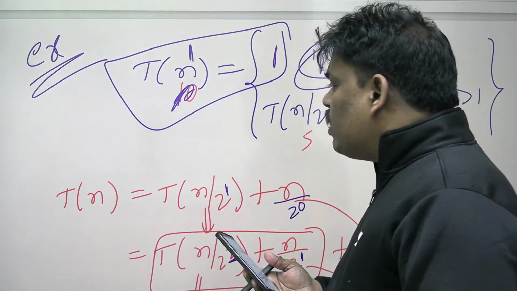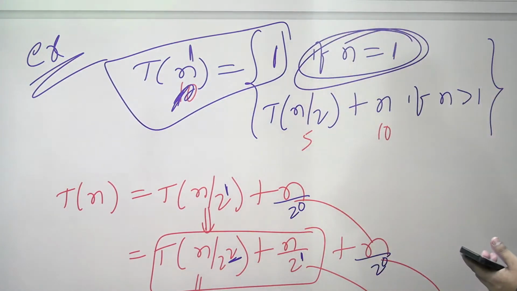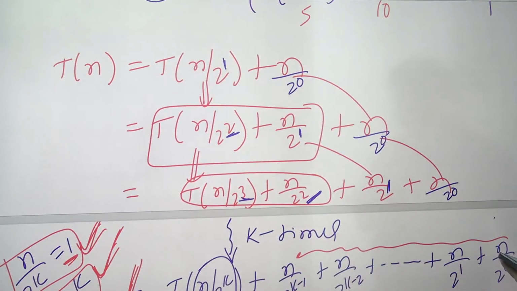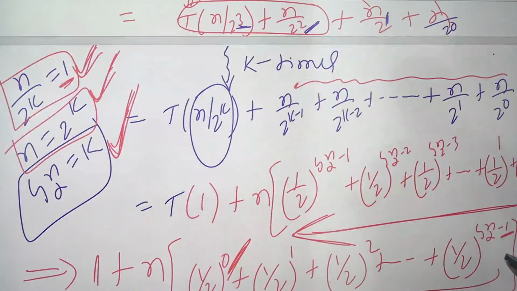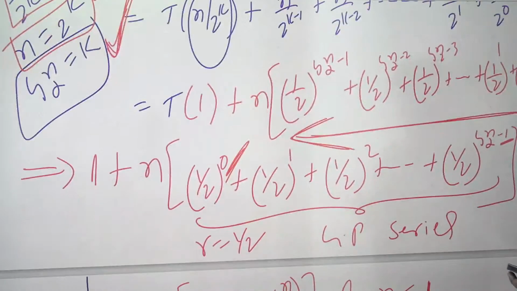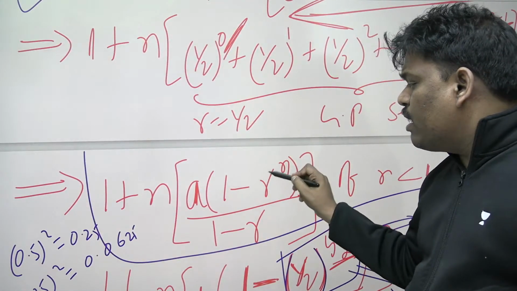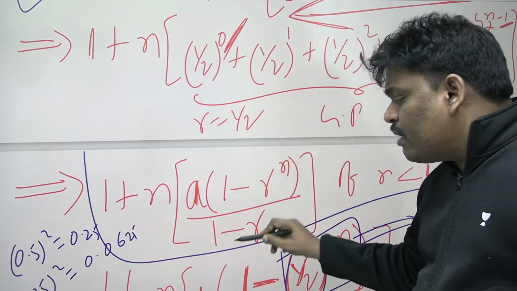Those people who are watching, please check if you have any doubt. Substitute k value as usual, and you will get the GP series. Interesting thing is, here you got GP series with R value less than 1. R value more than 1, you know the reverse of this formula. What is the formula? A into R power n minus 1 by R minus 1.